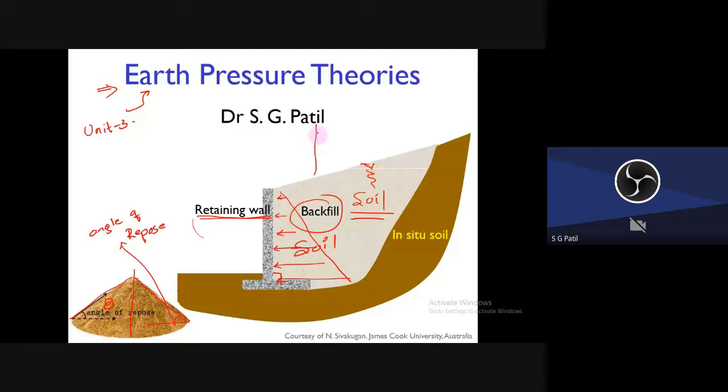Suppose you are building some structure here, then this structure also will apply some pressure on this retaining wall. I have to know how much pressure is acting on this retaining wall. So this chapter is all about calculating this earth pressure: earth pressure due to dry soil, earth pressure due to saturated soil, and earth pressure due to some structure resting on your backfill. Those things we are going to study in this chapter.